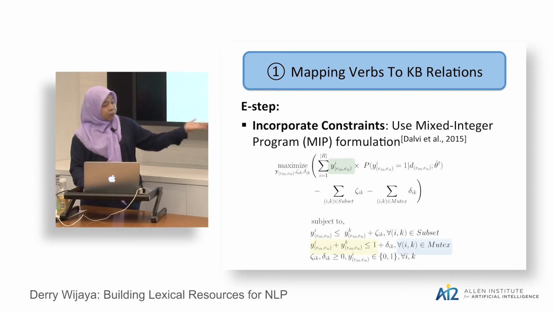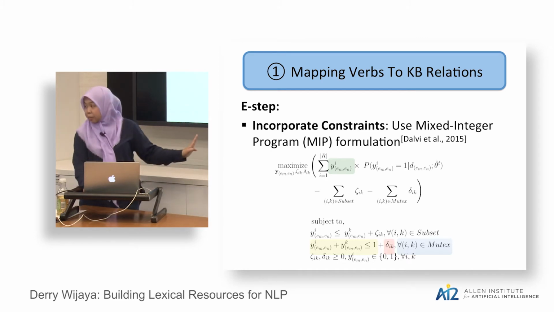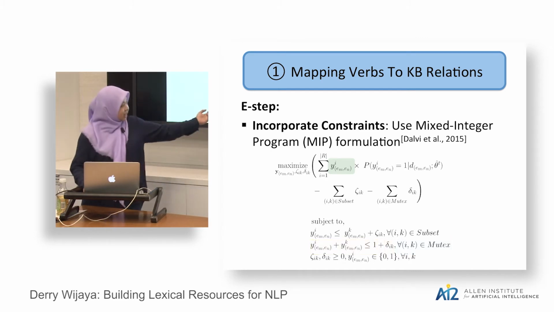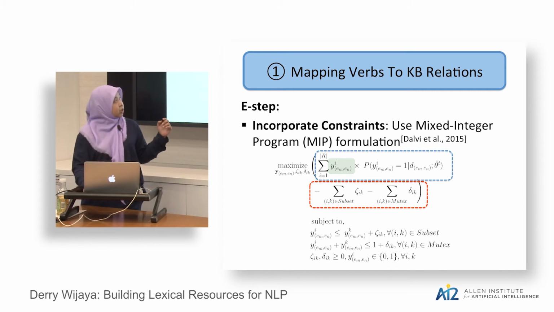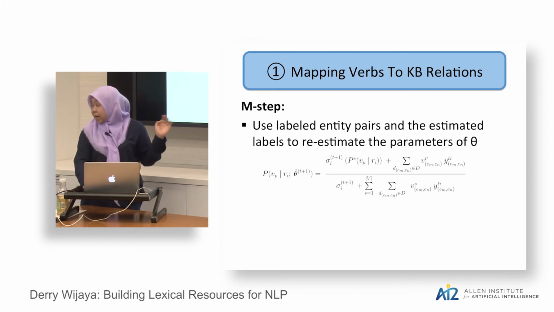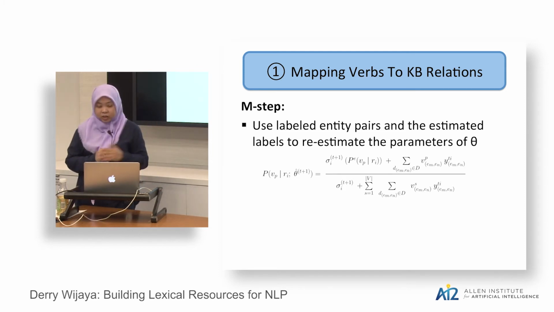And if they are mutually exclusive, then if I already label one with a relation I, then I should not label the other one with relation K, otherwise incur a penalty. And so the MIP formulation tries to maximize the probability of label assignments after penalizing for the constraint violation.